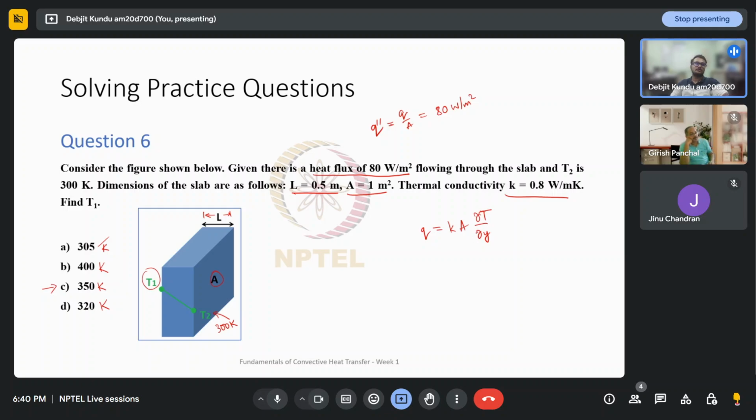So let's not call this Y, let's call this X now. So if this is my slab, and this is my x-axis, this is x equal to 0, this is x equal to L, and so on. So in the absence of any heat generation, we can show that temperature variation within this slab will be linear.